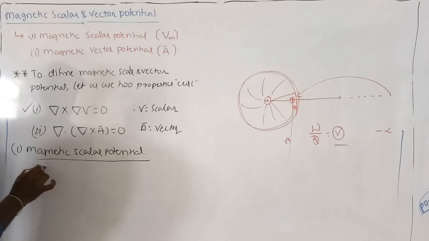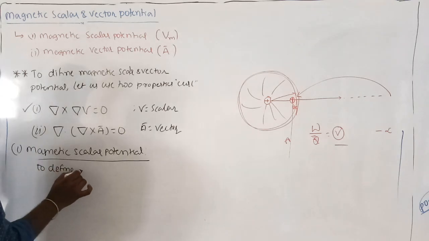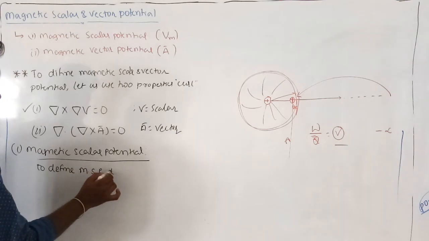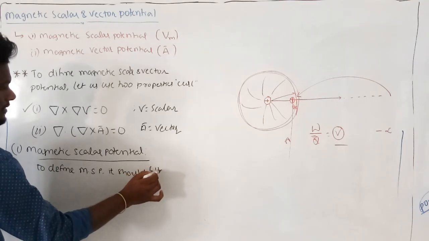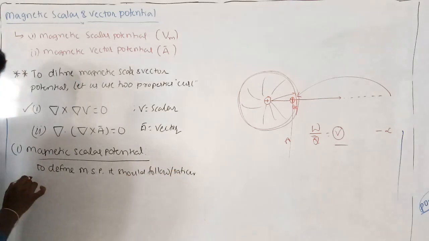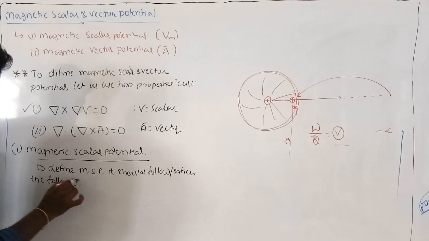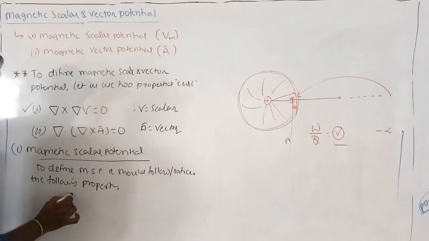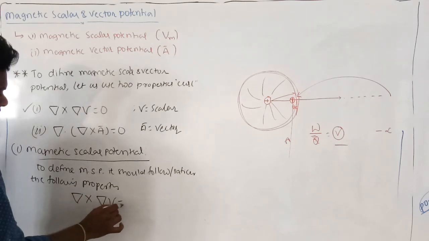To define magnetic scalar potential, it should satisfy the following property: del cross del V equals 0.